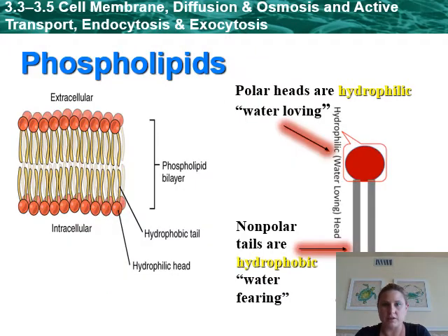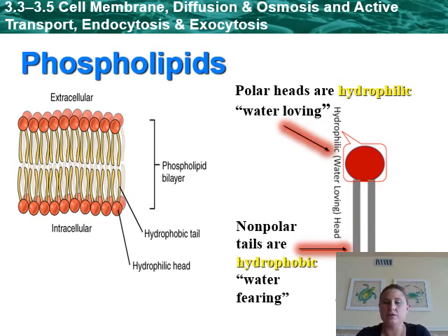Now, what is a phospholipid? If we look at a phospholipid and we actually look at the structure, we have two parts to it. We have this little round part on the top, we call that the polar head. And then we have these little tails down at the bottom, the straight lines. Those are the nonpolar tails. The heads, we say, are water-loving. They are hydrophilic, water-loving.